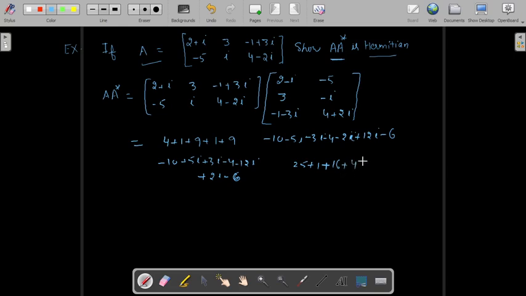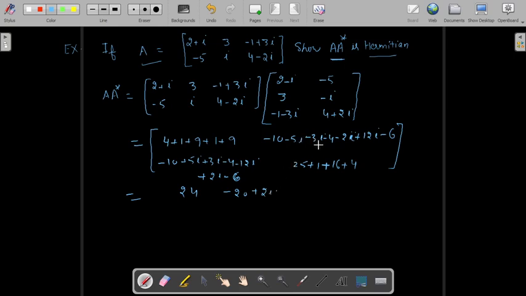plus 4. So that is equal to 24. This becomes minus 20 plus 2 times iota: minus 10 plus 4 minus 6, so minus 20.